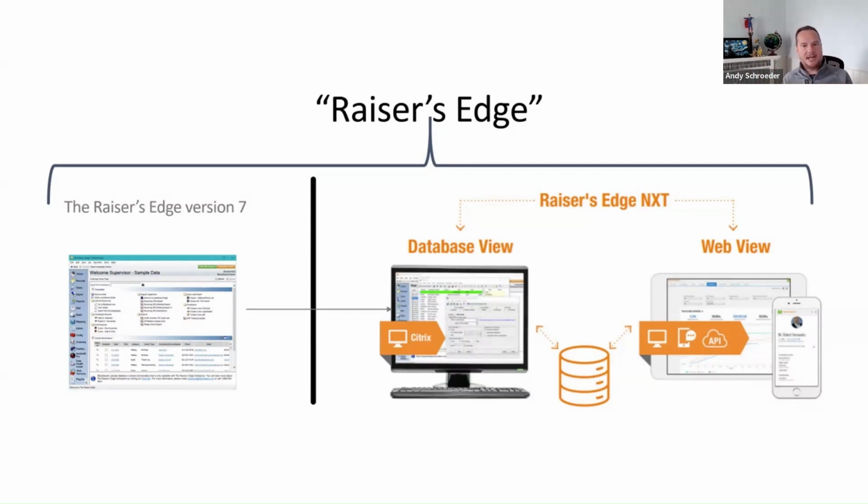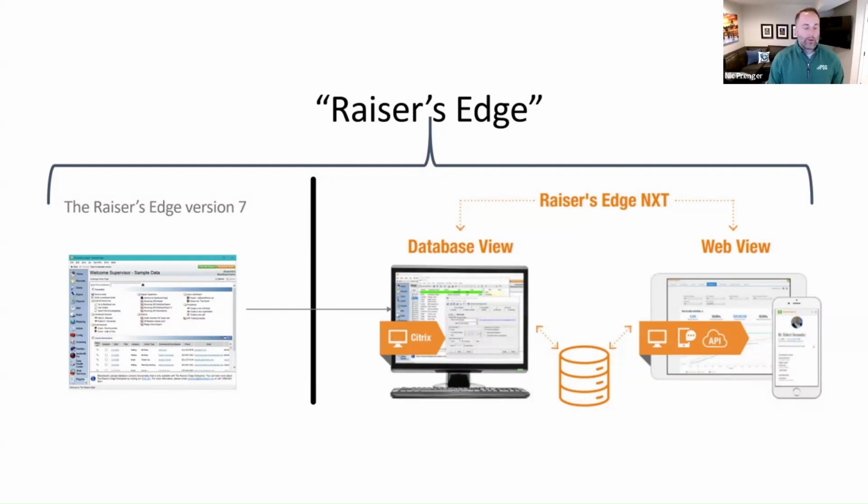It allowed both the database view that many were accustomed to, but also provided a new web view, which from a frontline fundraiser standpoint was much more slick, with easier ways to manage relationships and those kinds of things. So for essentially 7 or 8 years, it's been primarily NXT. Even if you are still using database view, it's likely the cloud version of it and not so much the servers in the basement where IT is still doing those manual updates.